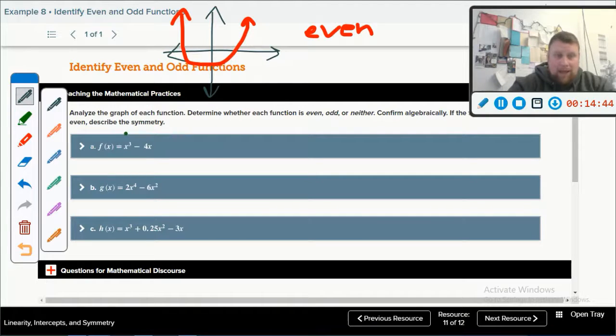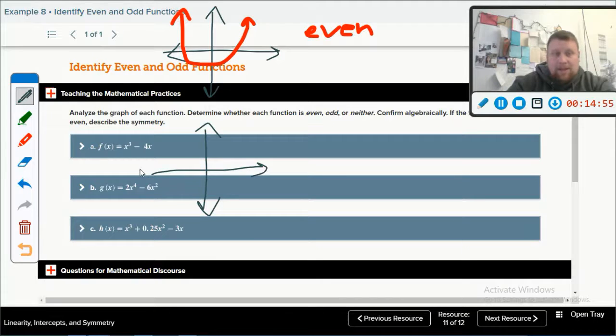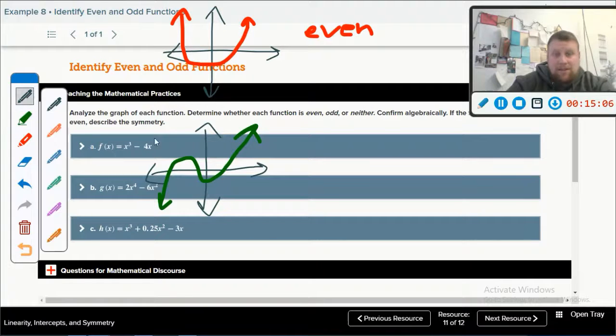In the same way, I'll draw it right here. Sorry, it's going to be kind of in the middle of everything. The opposite of that is an odd function. If at the end of the function they're pointed in opposite directions, then it is odd.